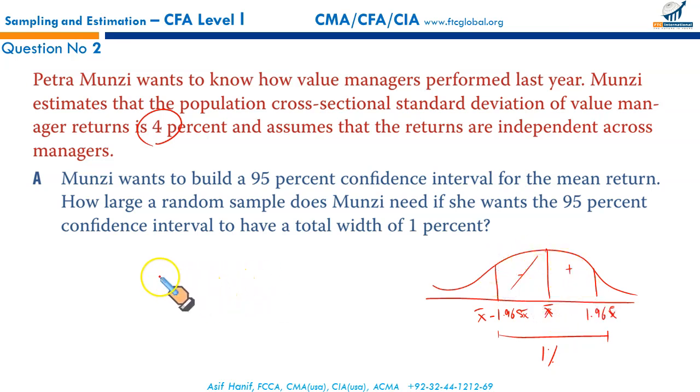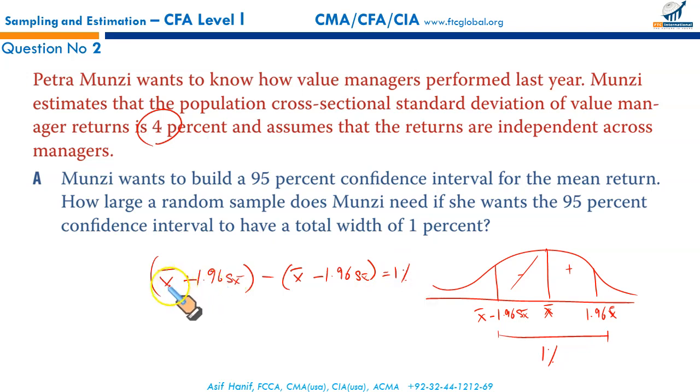It's x̄ plus 1.96 sample standard deviation, this is the plus region, minus x̄ minus 1.96 sample standard deviation, which is equal to 1%.